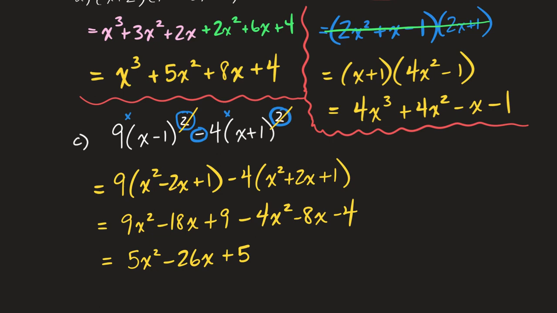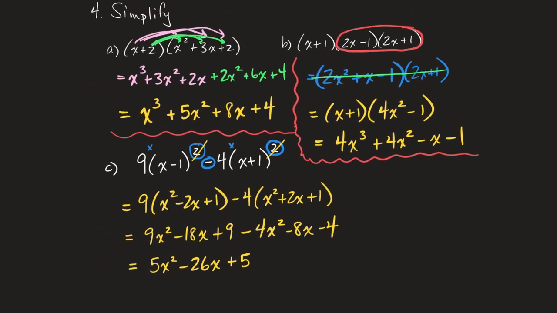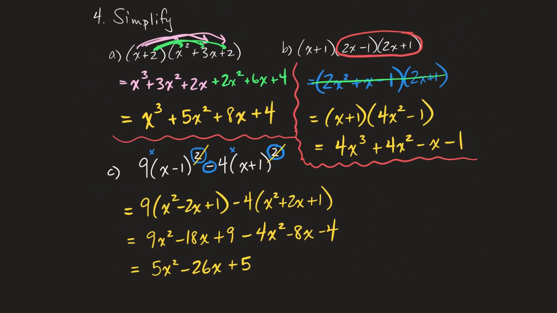Okay, all I want to do is shrink that whole screen down a little bit, just so we can see everything. I hope when you take a look at problem 4, you can see those are some doozies for us. Your job now, jump in and get practice. Make sure that you are good to expand a perfect square binomial. Make sure you're good to expand conjugates and get a difference of squares.